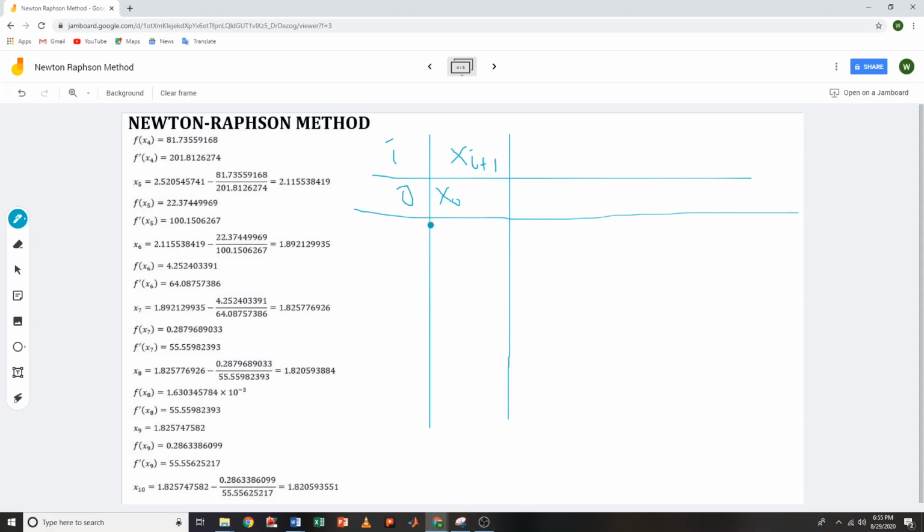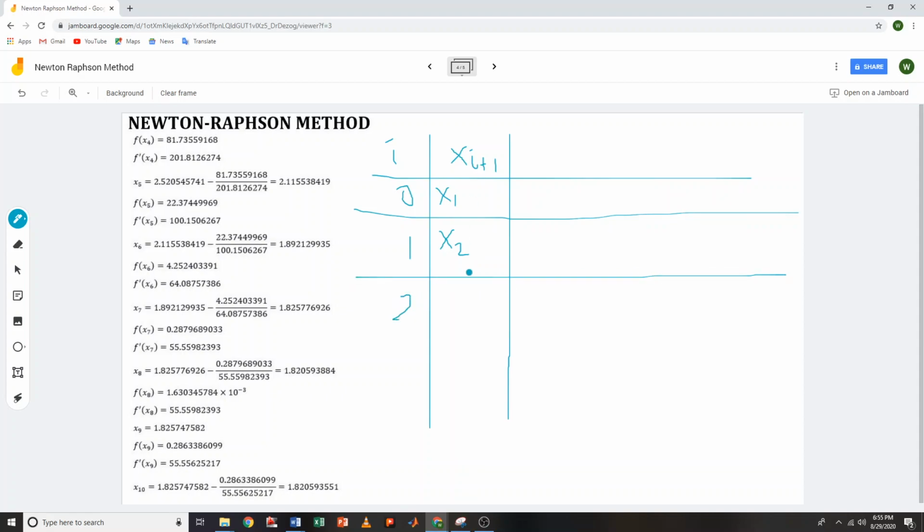So again, for 1, say x, okay, this is wrong. If i is 0, this is x1. If i is equal to 1, this is x2, and so on and so forth.